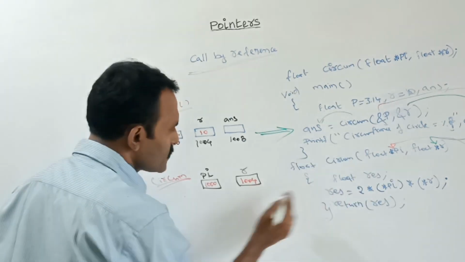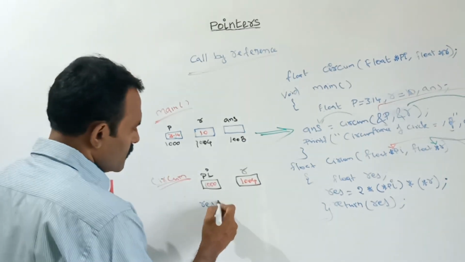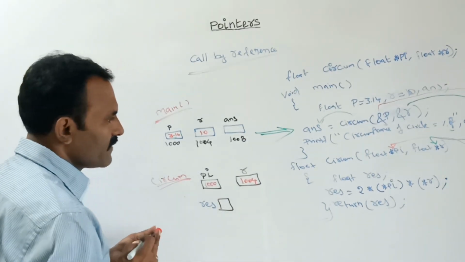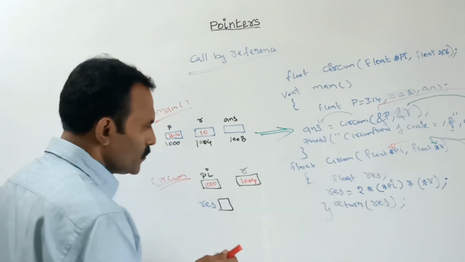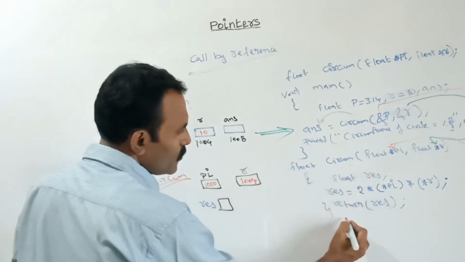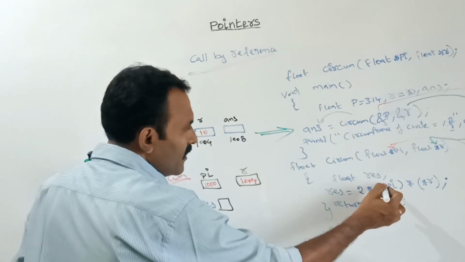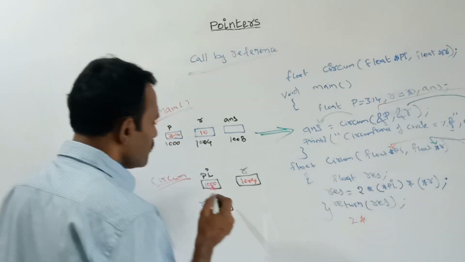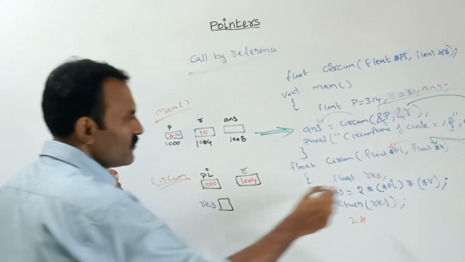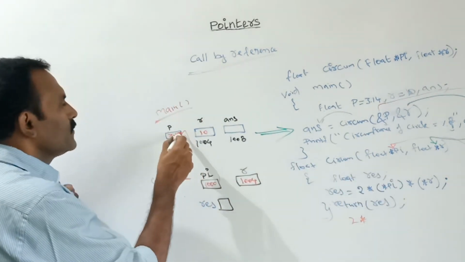Inside the local variable res, memory was allocated for res. In this step res is equal to 2 into the value at pi. What is the pi value? 1000. Value at 1000 is 3.14.